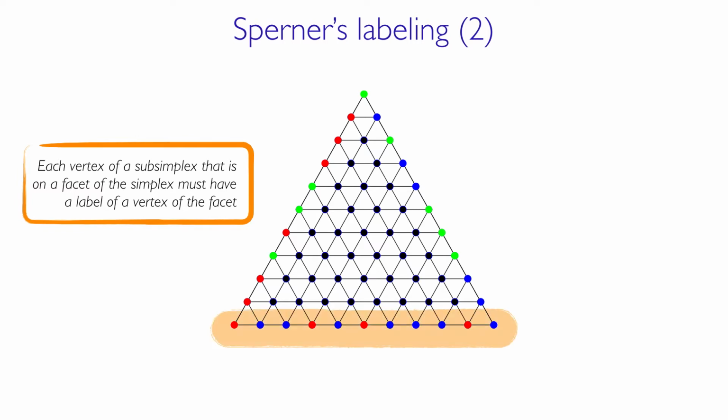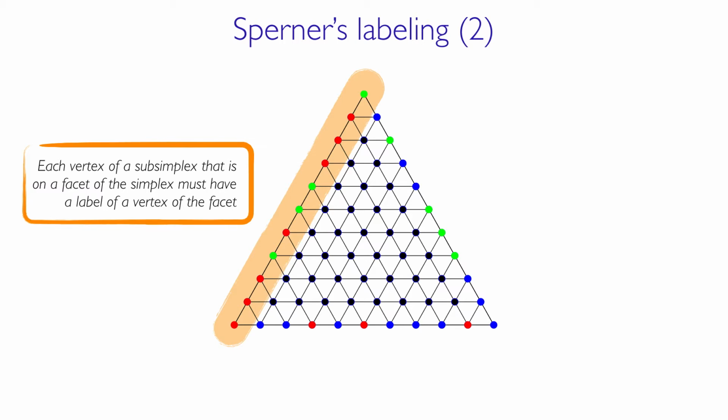Consider the facet in orange. The vertices of the simplex belonging to this facet have the red and blue colors. So all the vertices of the subsimplices on this facet can be colored only in red or in blue. Consider the facet in orange. The vertices of the simplex belonging to the facet have the red and green colors.